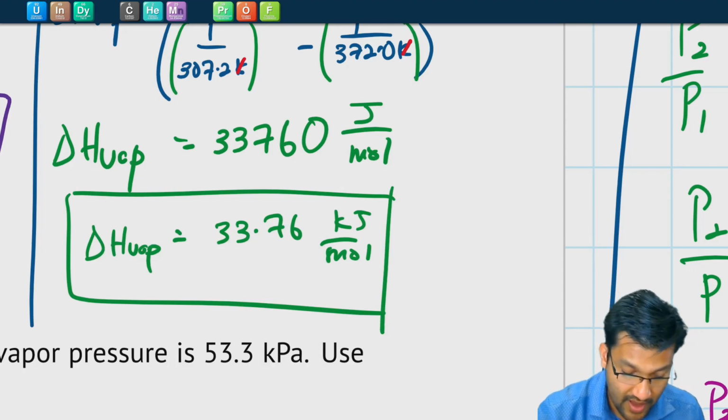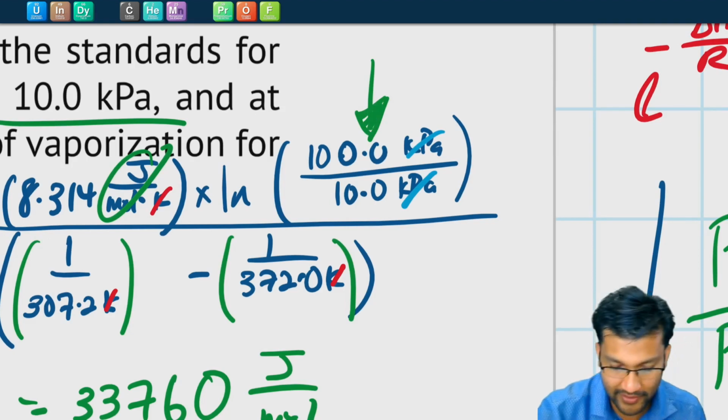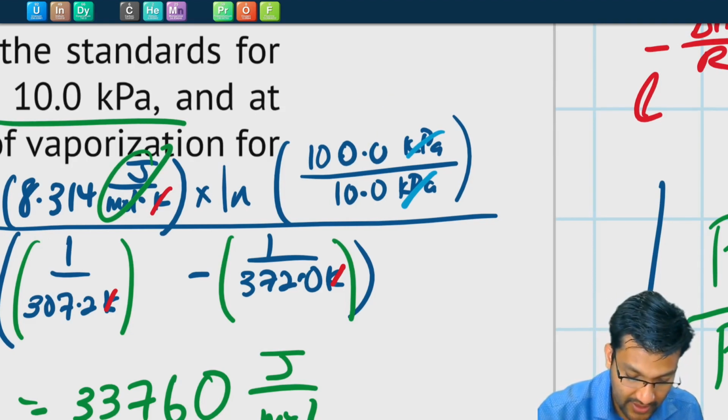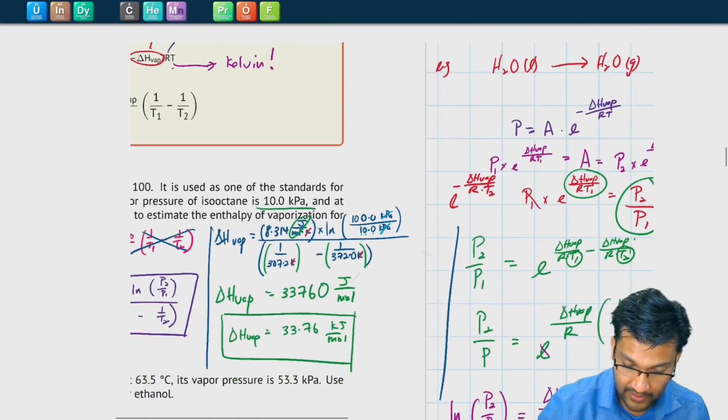4 sig figs. I want you to look at how you deal with significant figures in logs. Actually, I'll tell you instead of having you go search for it. So if I were to divide this, we will get 3 sig figs for the answer. 1, 2, 3 here, 4 up here. So we'll get 3 sig figs for the stuff inside the parentheses. When you take, let's create some space.